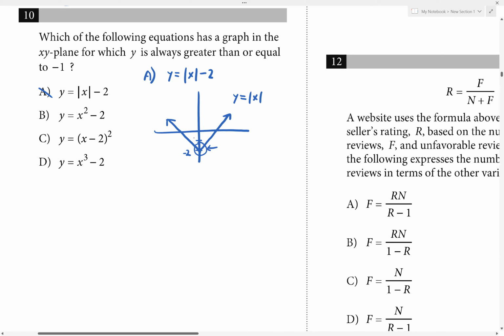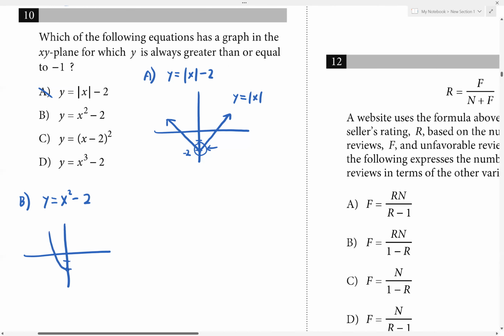All right. And if you look at B, B is a similar idea. B is y equal to x squared minus 2, and this is a quadratic. So with x squared, we have a parabola, so the graph should be a U-shaped graph. And once again, we have a -2, so it shifts down 2.